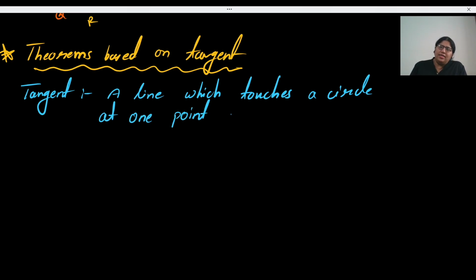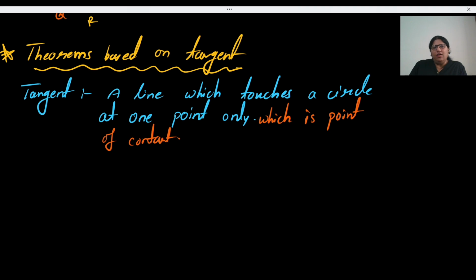Otherwise, if it cuts at two places, it is known as a secant. Wherever the tangent touches the circle, at only one point, that is called the point of contact. So first you should know the meaning of tangent, then you can use the tangent theorem.